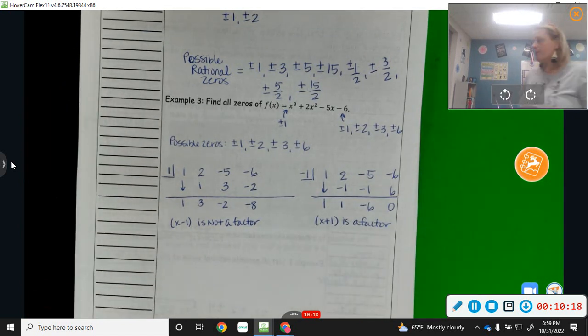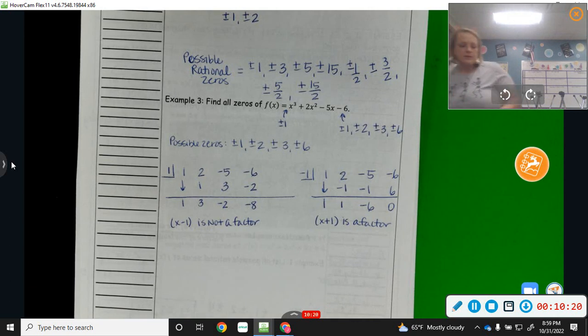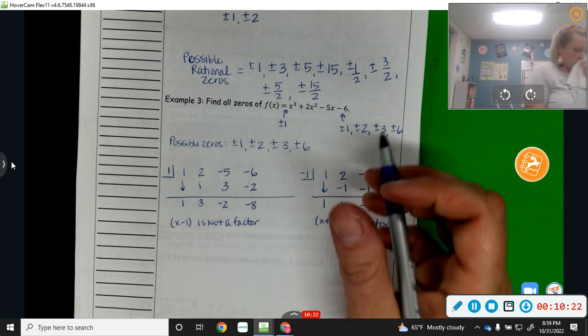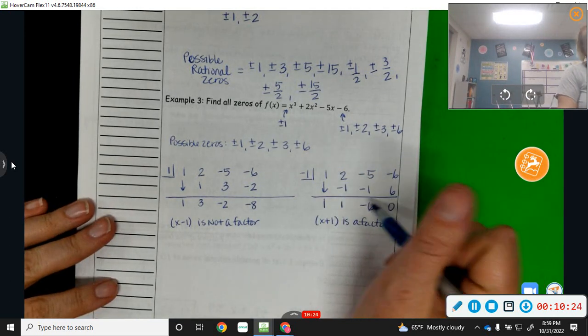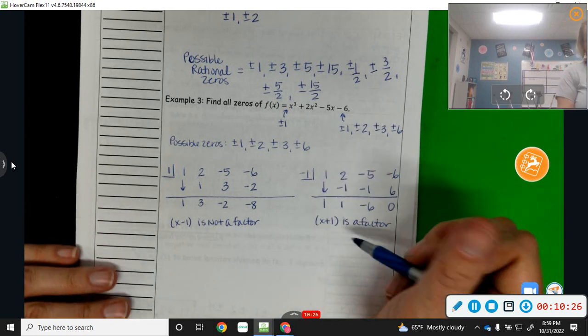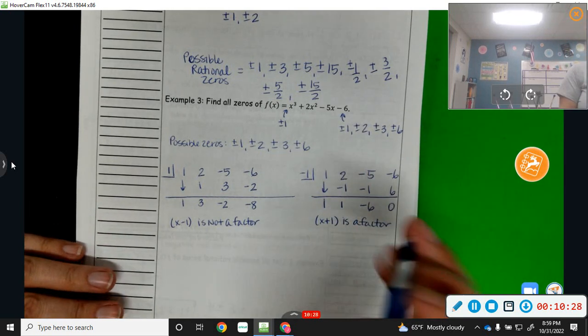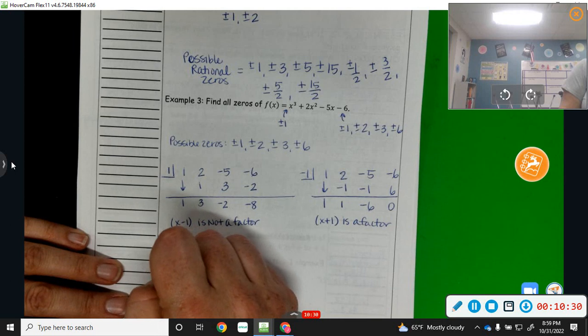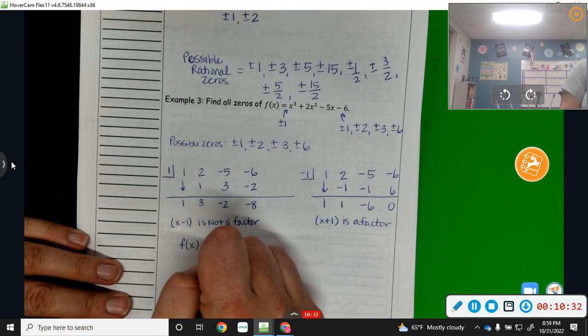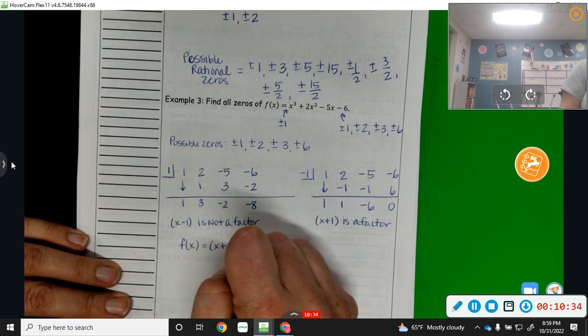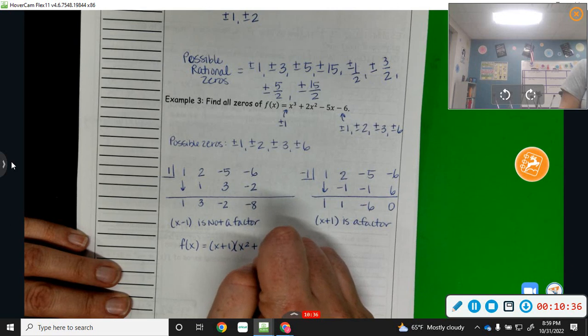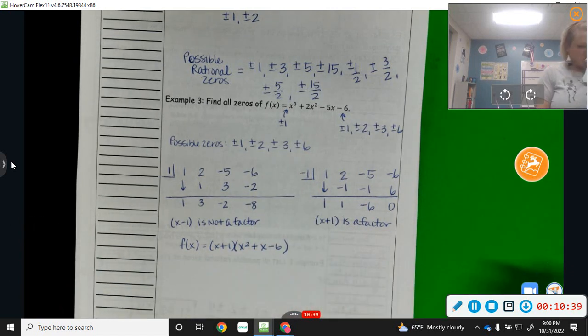Then what we're going to do is take the polynomial that I got when I divided x plus 1 by that. So now my f of x equals, in parentheses, x plus 1, and then we have x squared plus x minus 6.